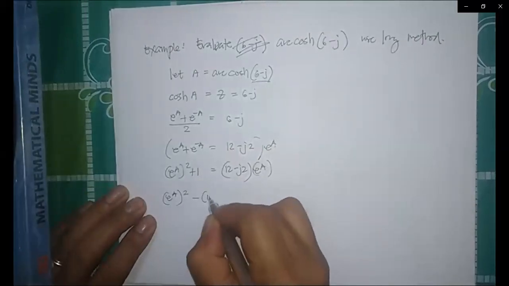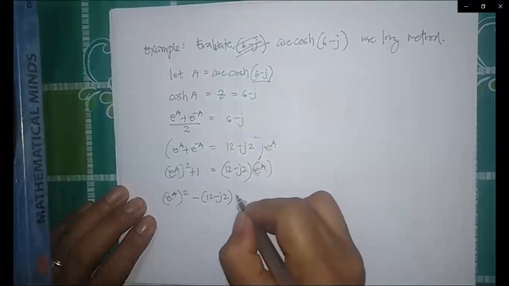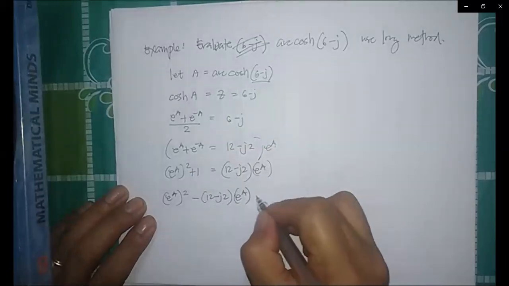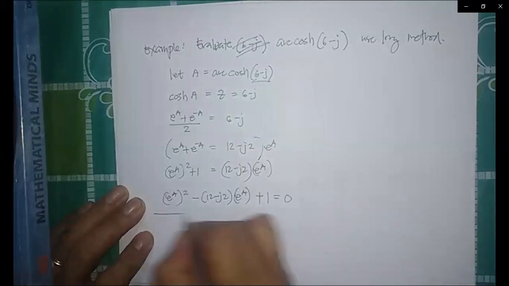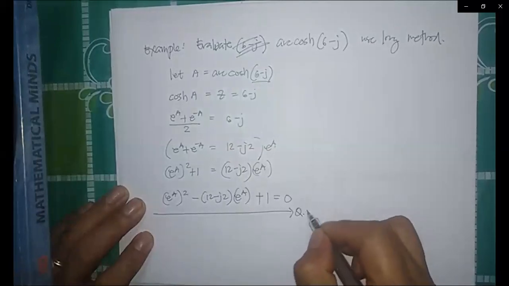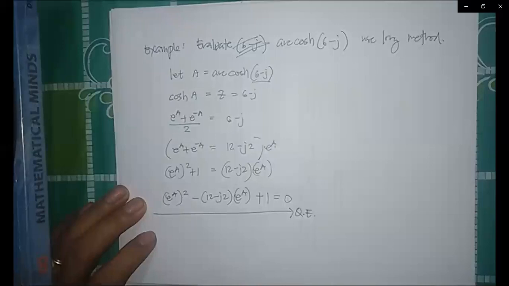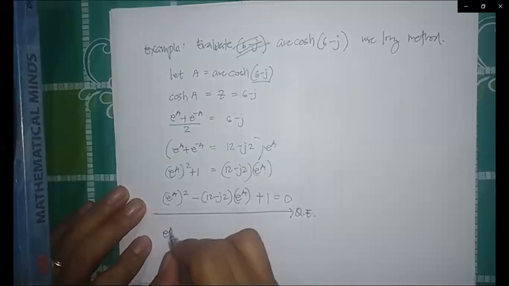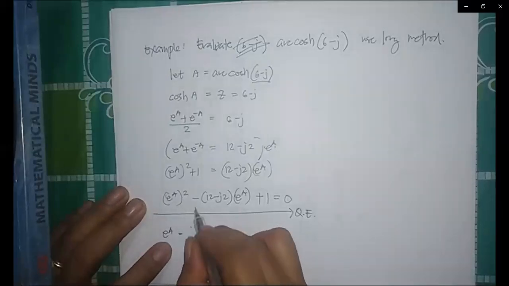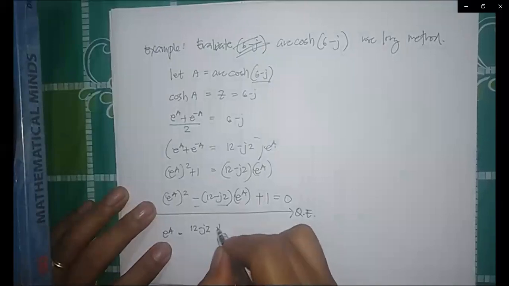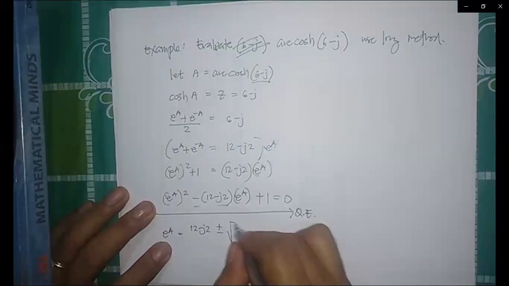Now, for this quadratic equation, we will equate this to 0 to become a standard quadratic equation. Now, to solve for e raised to a, that is just the negative b. So take note, negative of negative 12 becomes positive 12 minus j2 plus or minus square root of.